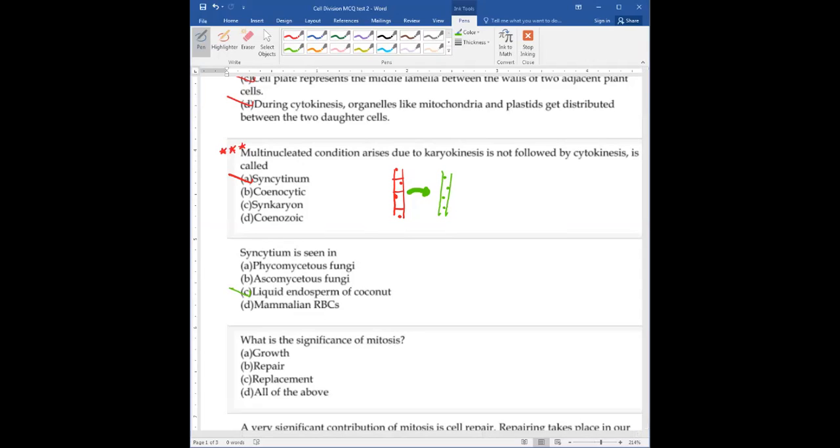Coconut water is nothing but the endosperm of that coconut seed. And now what is going to happen, guys? Inside that liquid, the cells are just dividing without proper cytokinesis. That is what happens, and that is why you are going to encounter this in the endosperm of your coconut. Very important question, guys. Just keep this in mind.